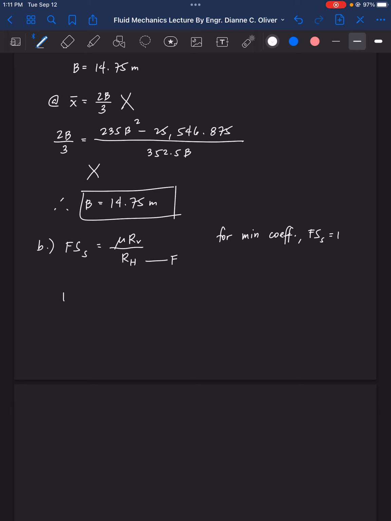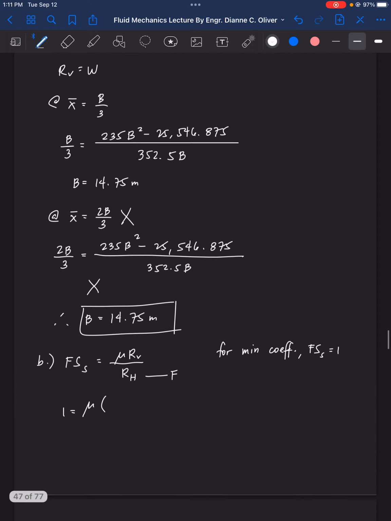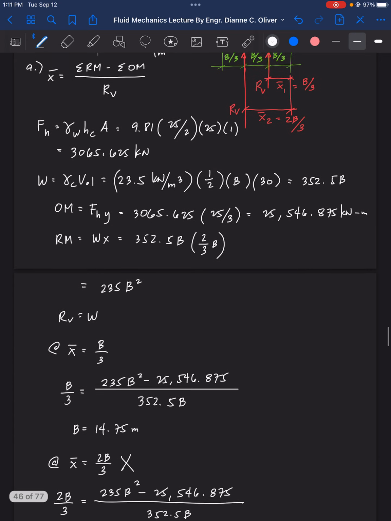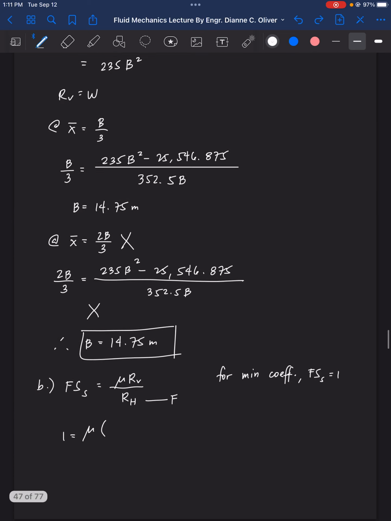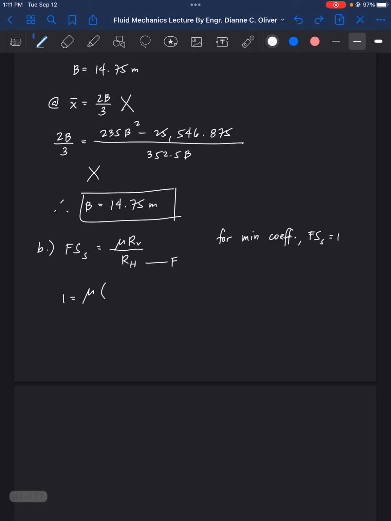Therefore, from the formula we have 1 equals mu, then our Rv is the weight, 352.5B. Our B is 14.75 all over Rh, which is our F, 3065.625. So mu now is equal to 0.59.